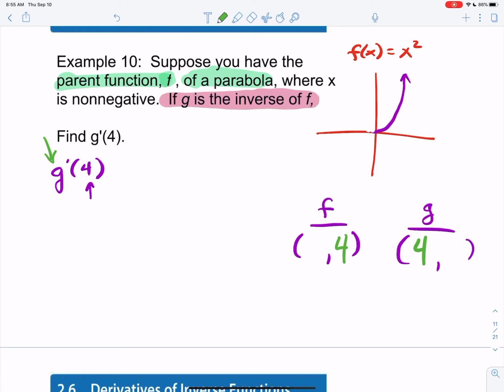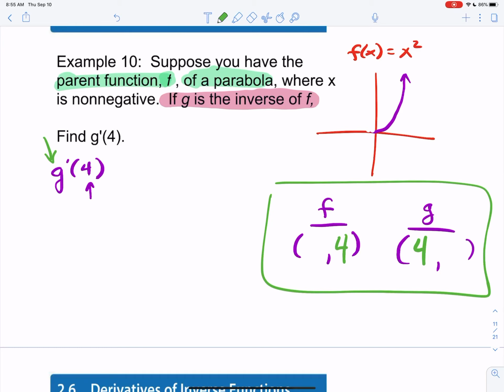Okay? All right, so what's the point of this chart here? I need to know what this is. I'm doing this whole chart for that value right there, okay? Because you guys got to remember, the derivative of an inverse is 1 over f prime of the other value. The other value is going to go in here. All right? So here we go. Here's what you do.